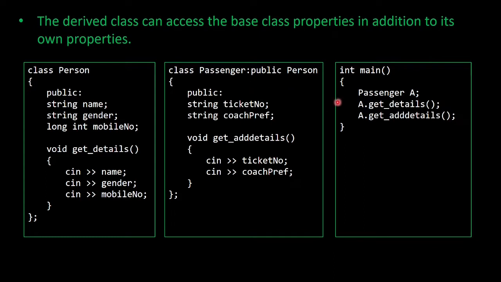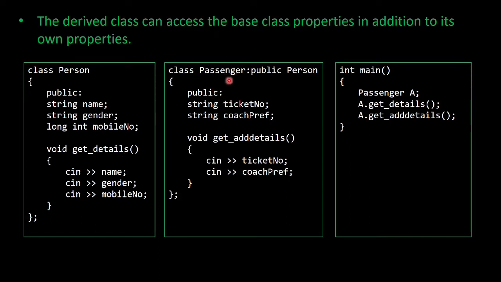Now inside the main function, I have created an object of class passenger. As you can see, a.getDetails has been written over here, and this is because the passenger has inherited all the properties of person. So the member variables string name, string gender, long int mobile number, and the member function void get details have been added to the derived class, which is passenger.